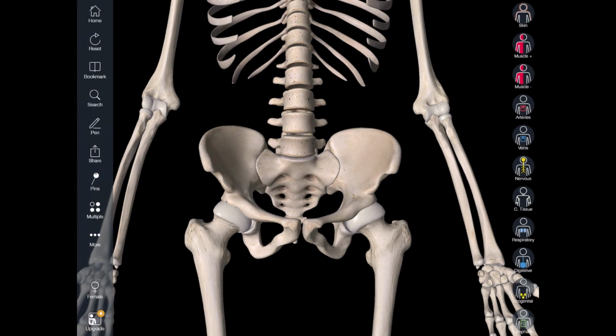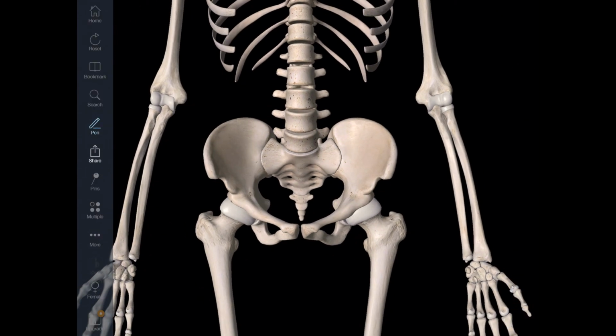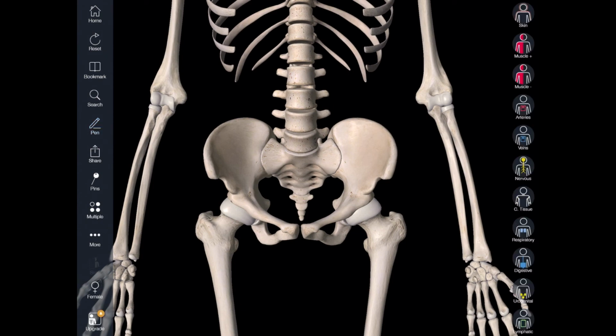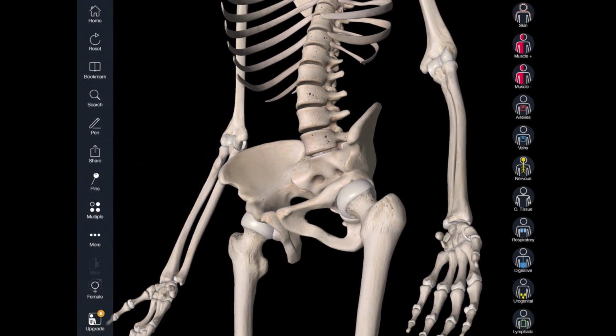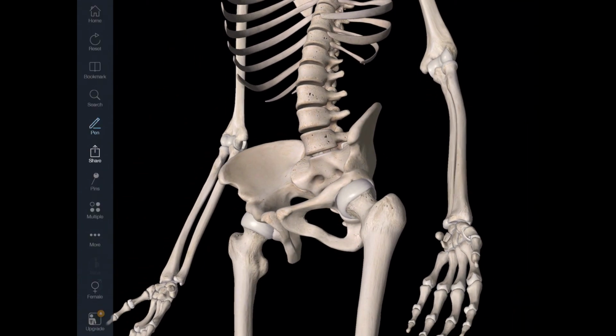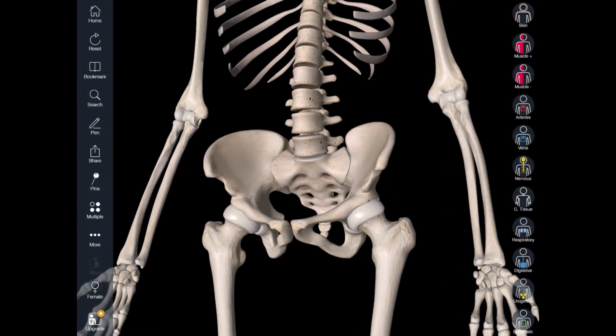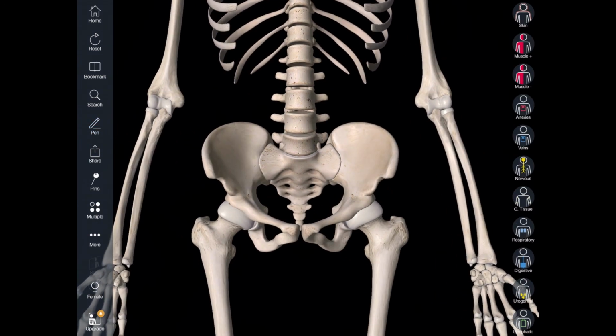Officially, the joint between the sacrum and the coccyx right here, the sacrococcygeal joint, would also be one of the joints of the pelvis. But then the other key joint that we have here is the hip joint right here, where the acetabulum comes together with the head of the femur.